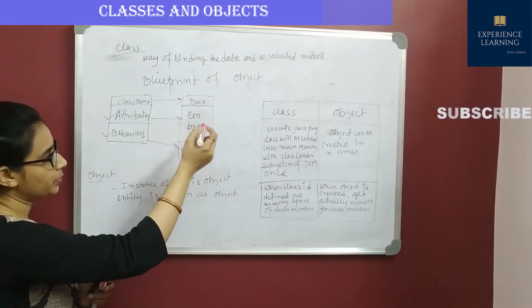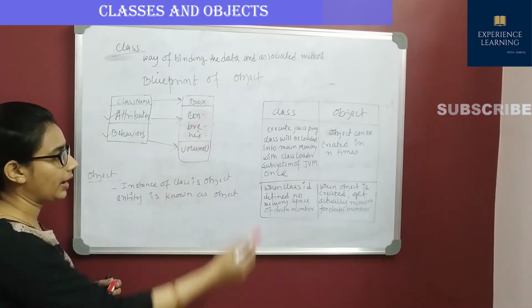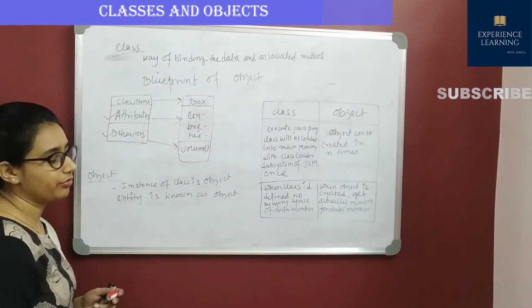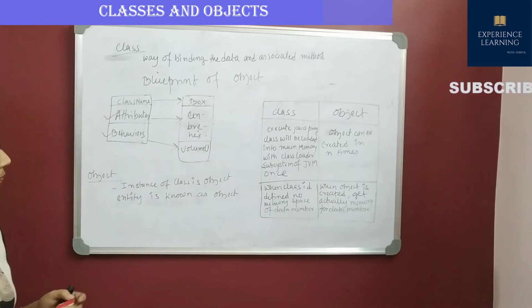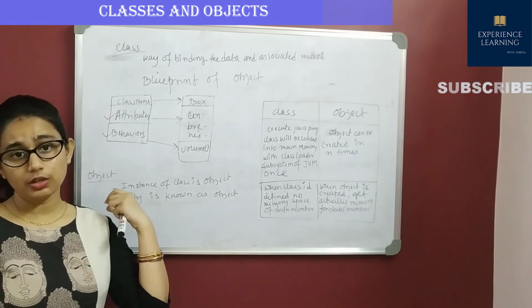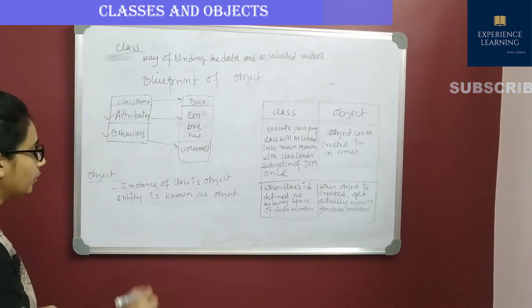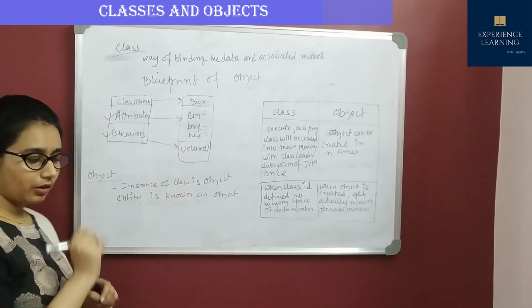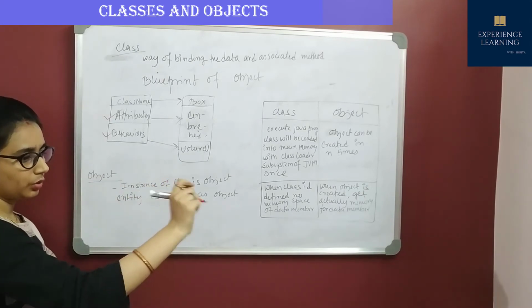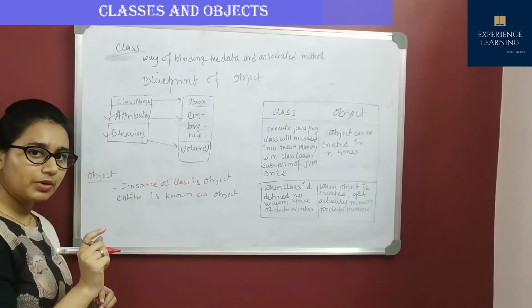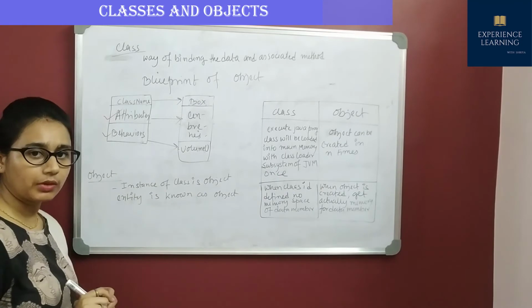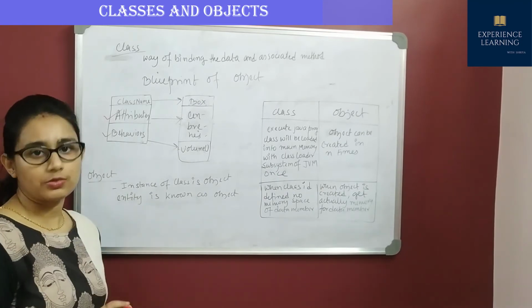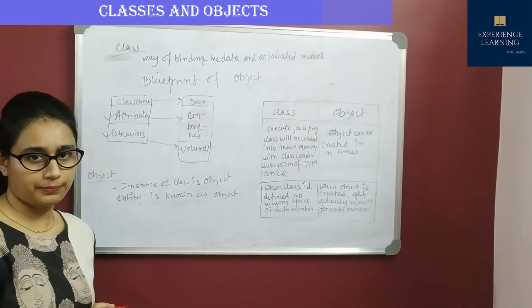Here the attributes are length, breadth, height, and the volume is a behavior. So this is not the object. But whenever I say red box or wooden box, you are particularly saying something, so that is the physical instance of it, and this is an object.